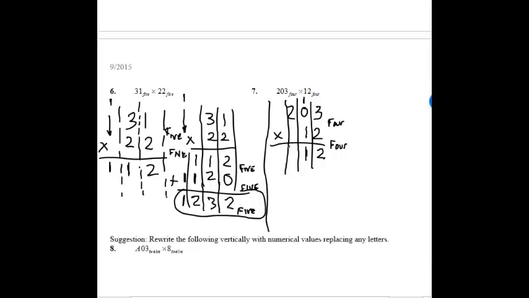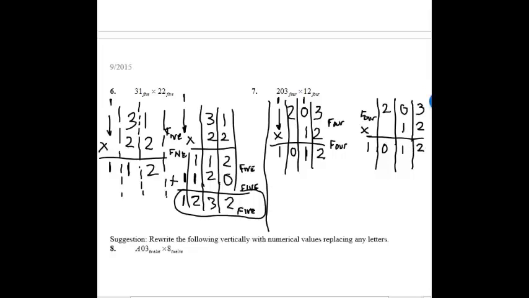How many times does 4 go into 4? Once. What's left over? Nothing. Drop the 1 down. Let's rewrite this again and do the next row. Solid base 4. So we have 1, 0, 1, 2.